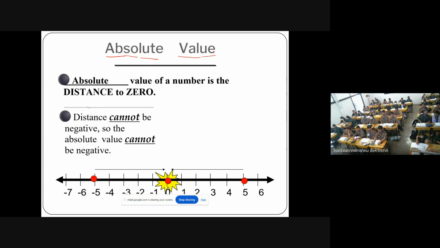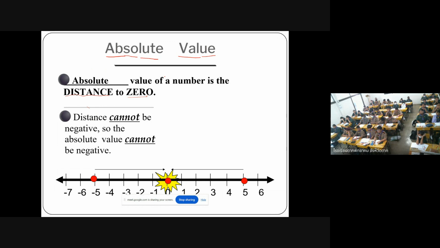Okay, so when we talk about the absolute value of a number, we're dealing with the distance of a number to 0. Again, distance. And since we're dealing with distance of a number, it can never be negative. It should always be positive.